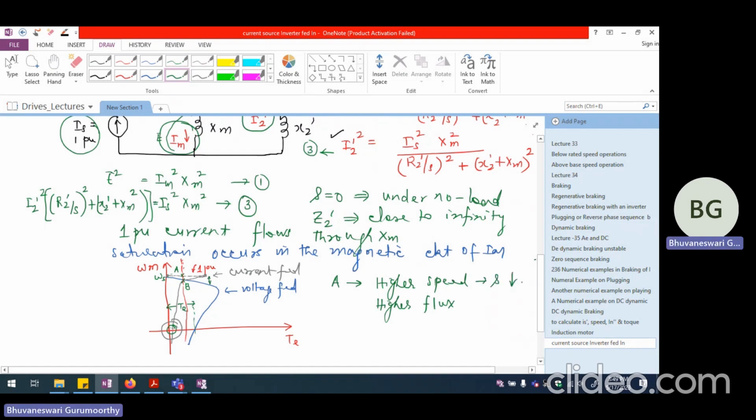So if slip is smaller, then the impedance of the rotor side is higher. So the magnetizing current drawn will be higher. So there will be higher flux. So the magnetic circuit could saturate. And the rotor current will be smaller.